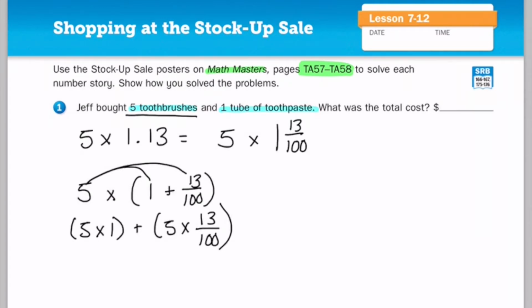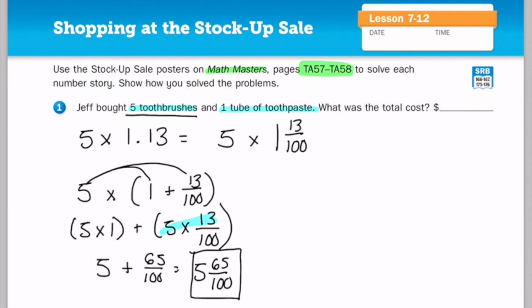And 5 times 1 is 5, plus, if I do 5 times 13, it's 65, so 65/100. I get 5 and 65/100. That is the price of 5 toothbrushes. That was step number 1.